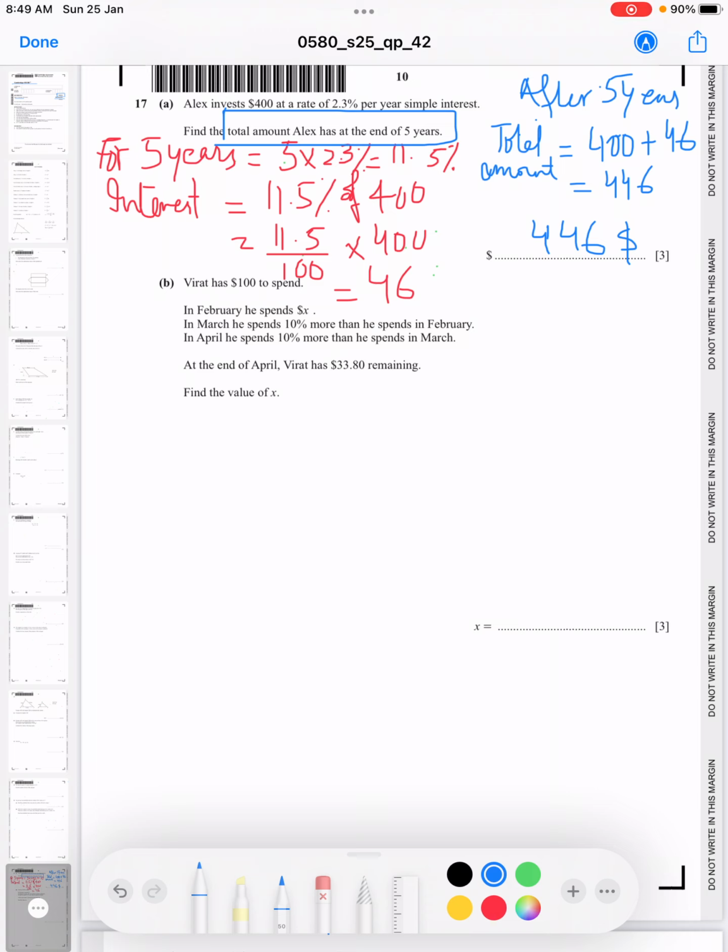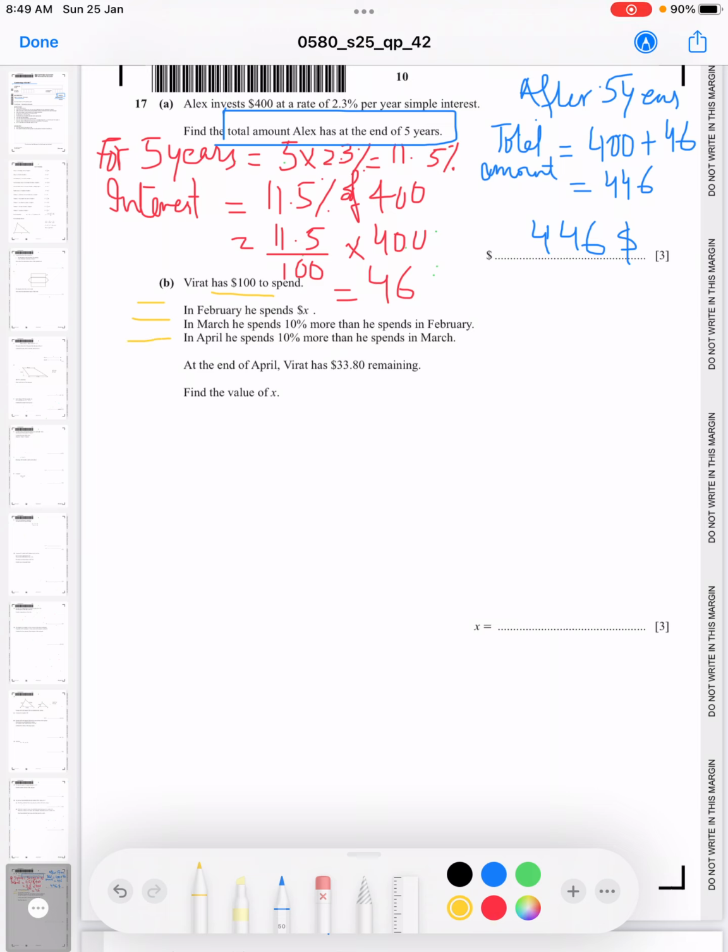Now let's read the next part. Virat has $100 to spend. In February, he spends x. In March, he spends 10% more than he spent in February. And in April, he spends 10% more than he spent in March.